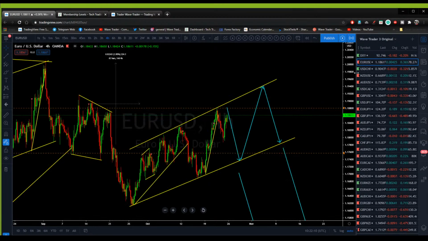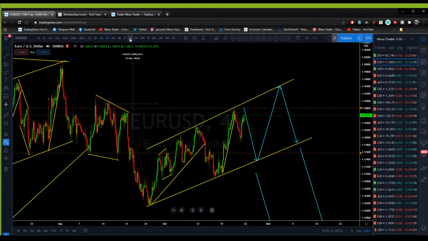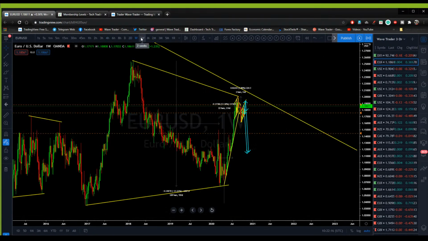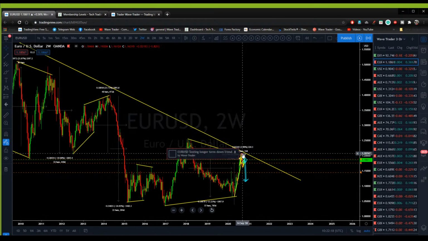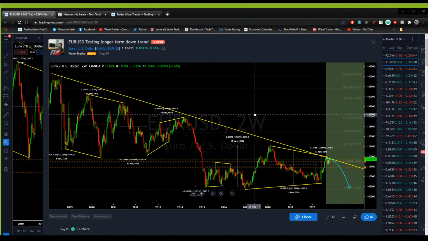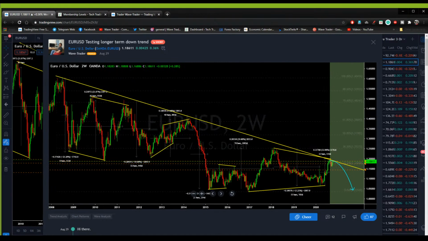So just reverse the euro dollar chart. The bigger monthly trend line is being challenged on euro dollar. Okay, bigger monthly trend is being challenged. So inflation is not good in the EU.